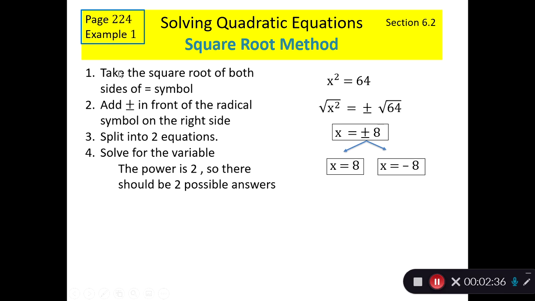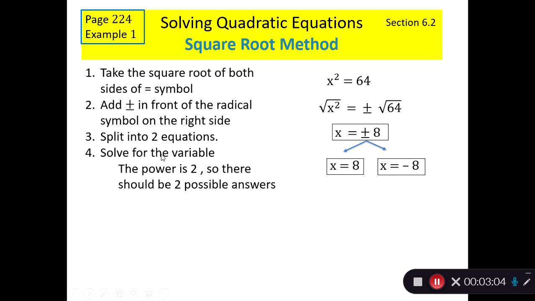So these are the rules and procedures we're going to follow. You're going to take the square root of both sides of the equal symbol, which we did. And the minute you take the square root over here on the right, you're going to write positive, negative in front of the radical symbol on the right. Then you're going to split the equation into two equations, to show that it could be one and the other.